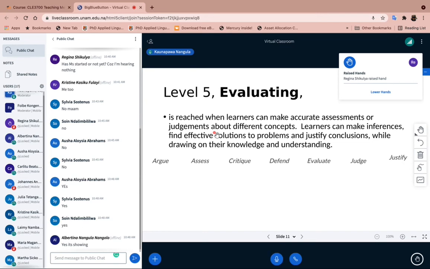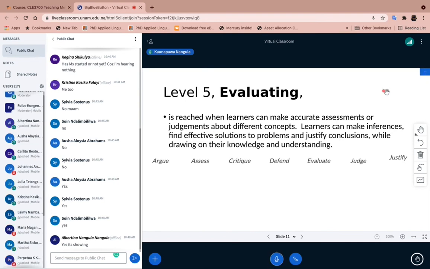Then the learners make inferences, find effective solutions to problems, and justify conclusions while drawing on their knowledge and understanding. And I think we have a number of other examples that we can use in different levels, and that could also help us understand further these levels, or categories, of Bloom's taxonomy.